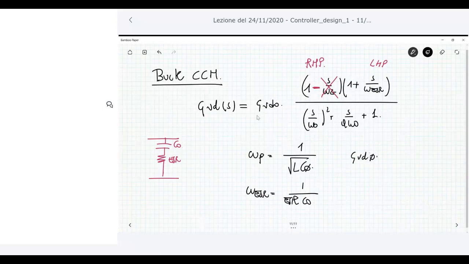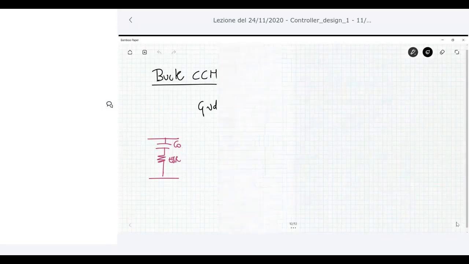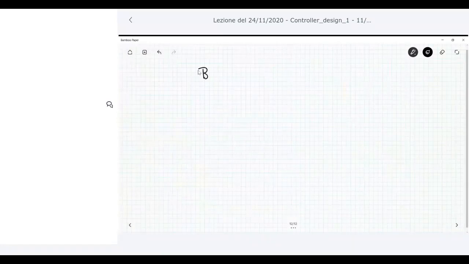The gain GVD 0 for the buck CCM is simply Vin. The Q factor inserted here is R C naught over L, if you want to derive it. But what's important is that I can describe the buck, which has this generic expression, in terms of a Bode plot.